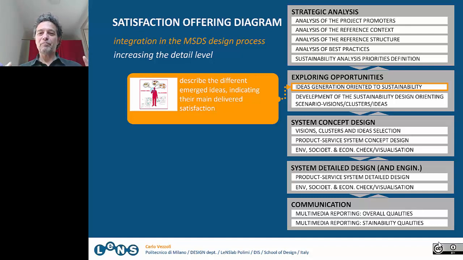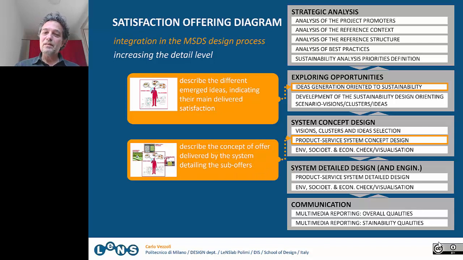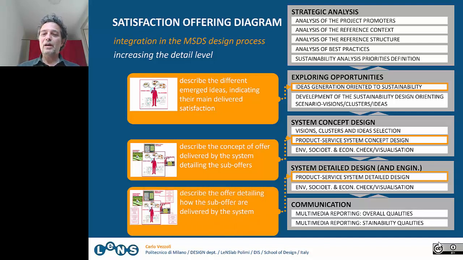With the aim of presenting them for discussion and further selection, it is good to have a good image that immediately lets the discussants understand what we are talking about. Then this could definitely be used during the system concept design phase, when we have to describe the concept that is delivered. But this could be used even when we are detailing the sustainable product service system.